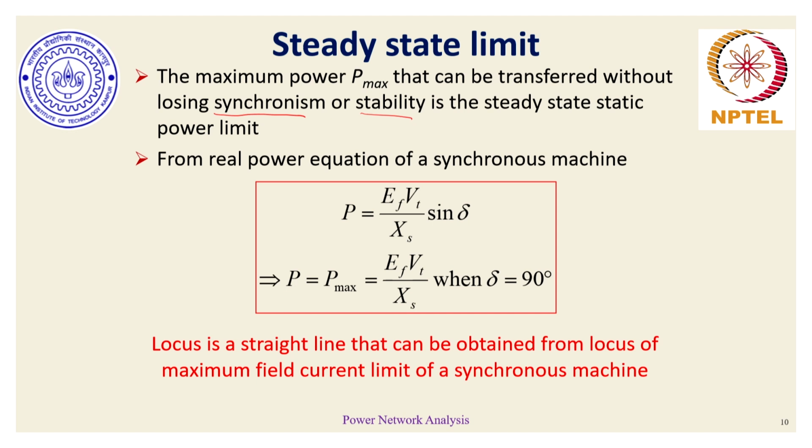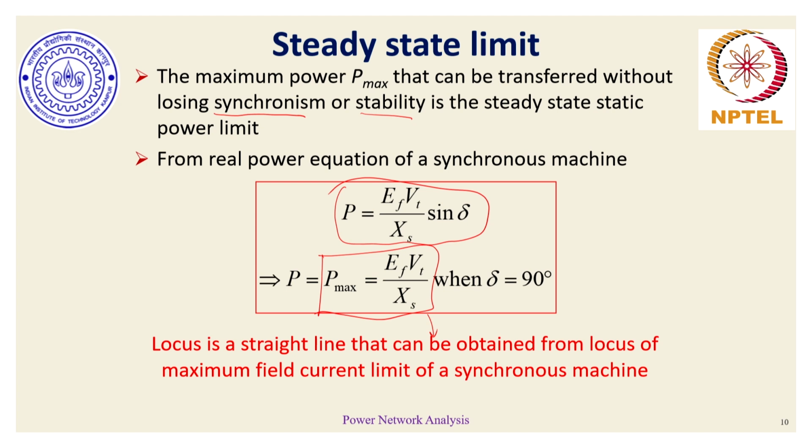Just to collate how the steady state limit locus would look like, it is defined by the fact that for a cylindrical pole synchronous machine with negligible armature resistance, this is the expression for real power. Any angle of delta more than 90 is prohibited. So in a way, this limit here is indicative of the steady state limit.